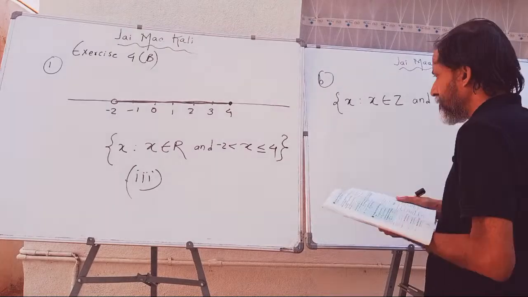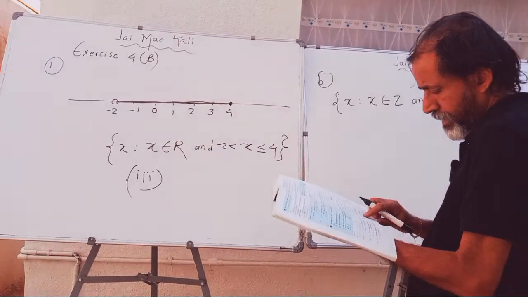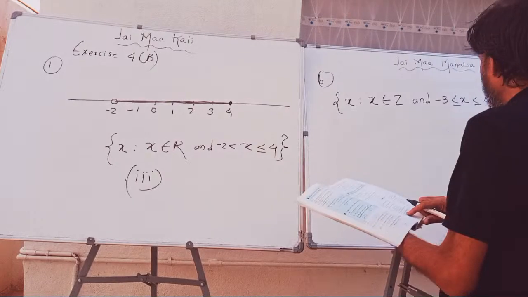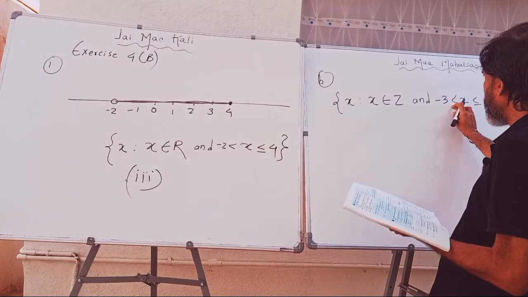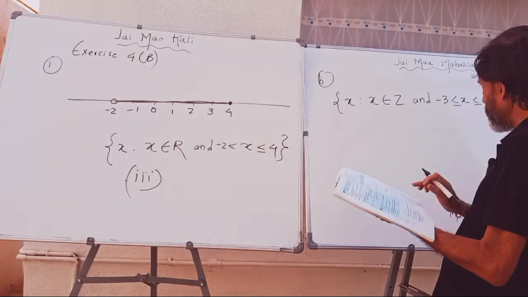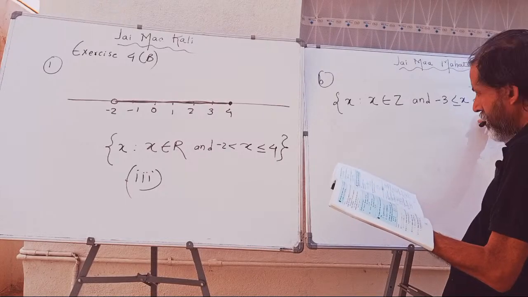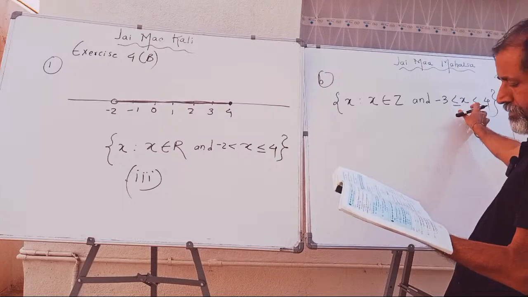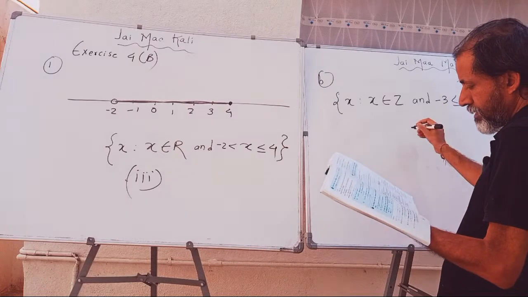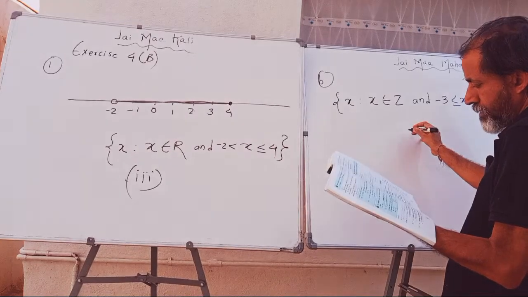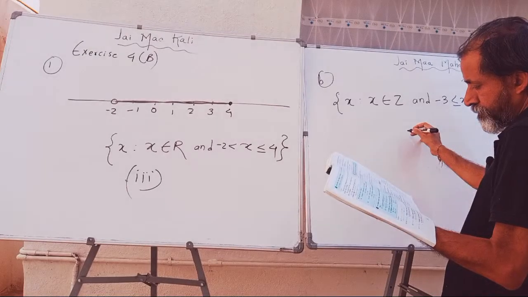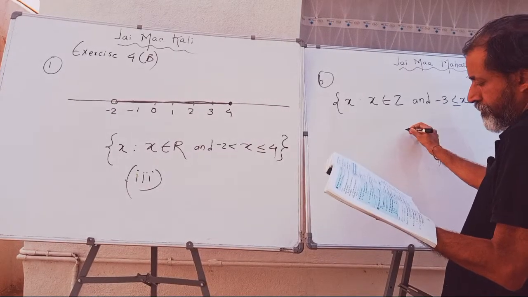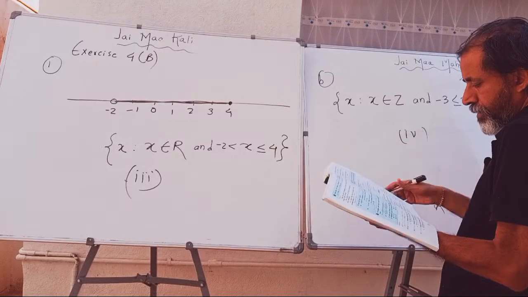So x can be minus 3, or x can be any number greater than minus 3. So minus 2, minus 1, all the way it can go till 4. It cannot go beyond 4. It can be 4 or it can be less than 4. The range is this. So in this case I think the answer here should be the fourth. Please check the answer 4B.